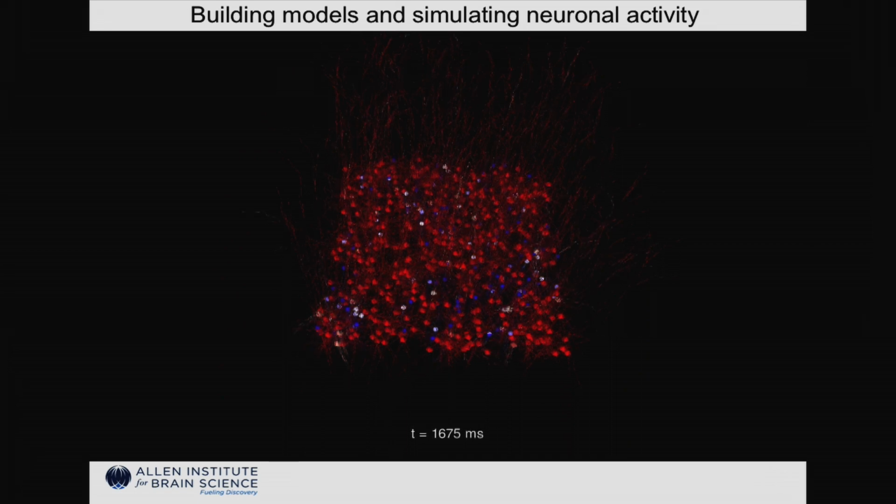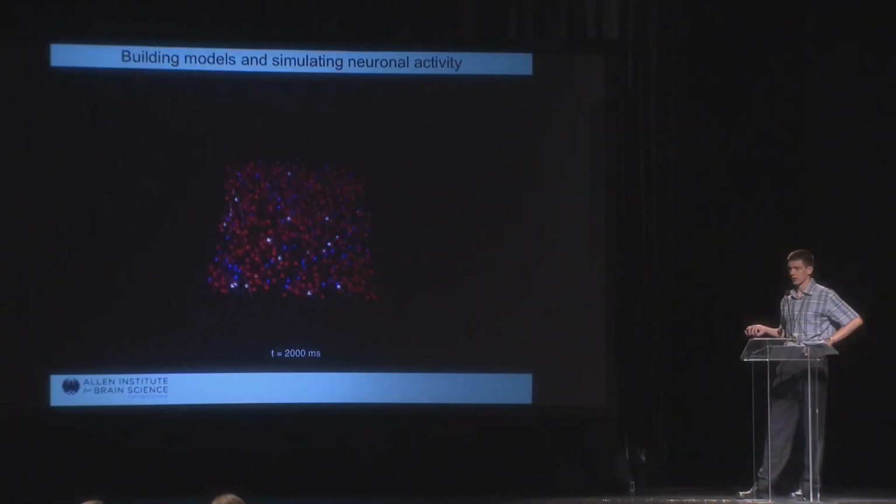And then the activity that results in this simulation can be compared potentially with recording from actually the same mouse, but now from V1. And so by doing this many times over and going hand in hand with the experiment, we hope to discover some mechanisms underlying this sort of activity and potentially propose new experiments.